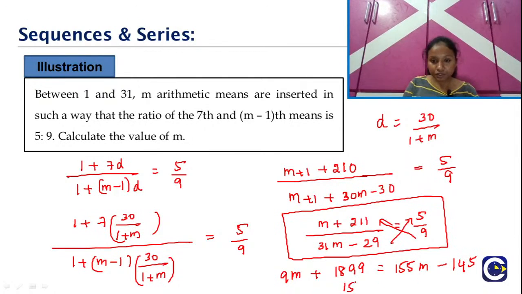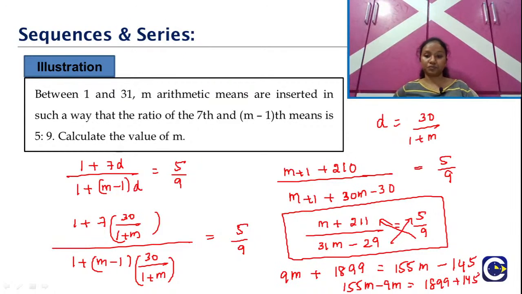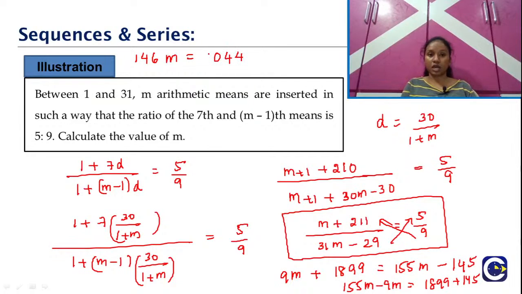That means 155m minus 9m on this side, and 1899 plus 145 here. So 155m minus 9m will be 146m, and 1899 plus 145 is 2044. So now we have the relation 146m equal to 2044.